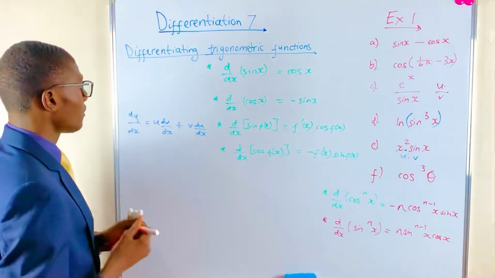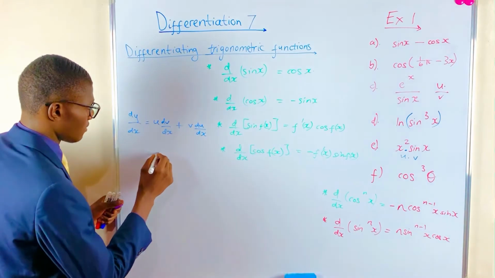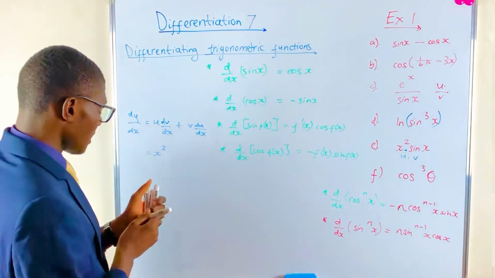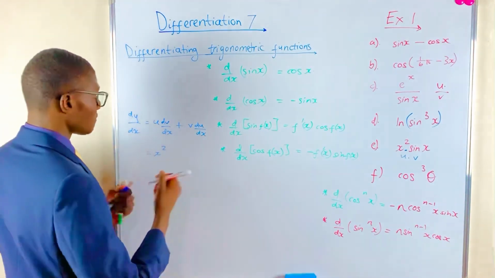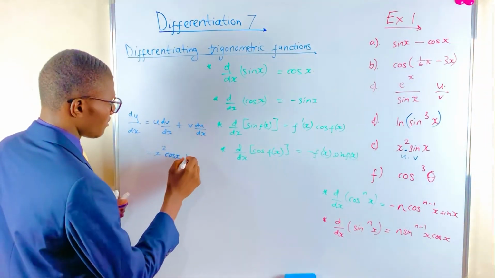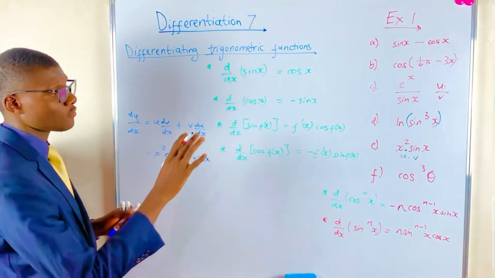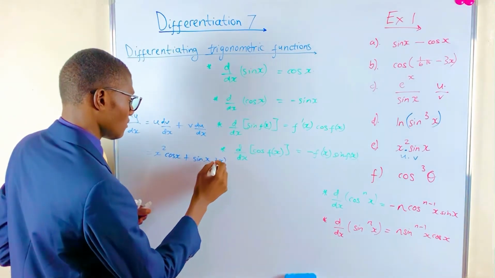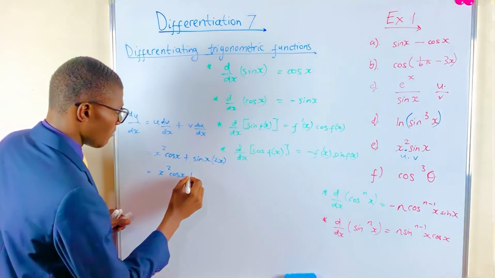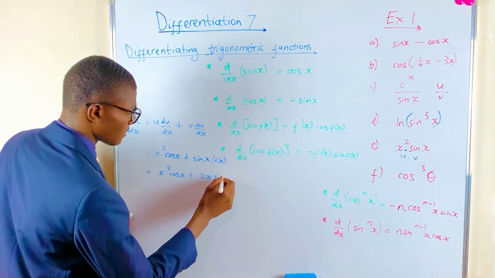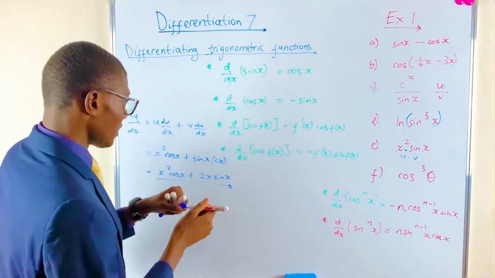Now let's substitute. Our u is x squared times dv by dx, the derivative of sine, which is cos x, plus v, which is sine x, times the derivative of u, which is 2x. So we can rewrite this as x squared cos x plus 2x sine x. This is the result that we get for that differentiation.